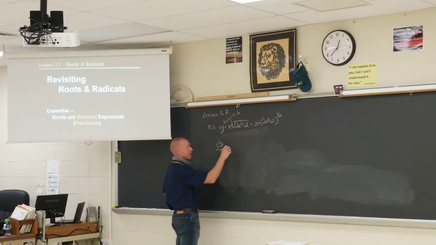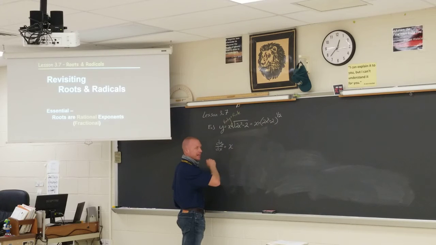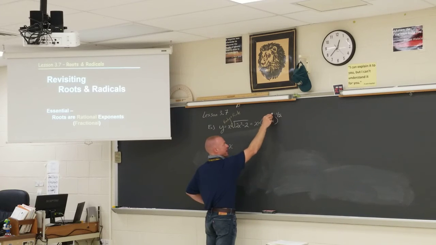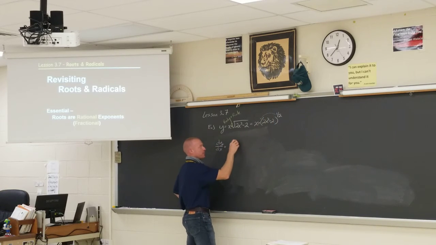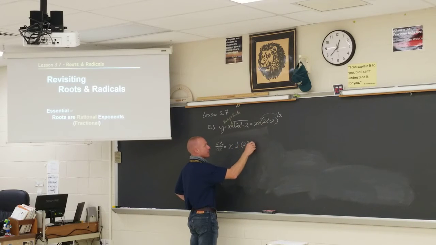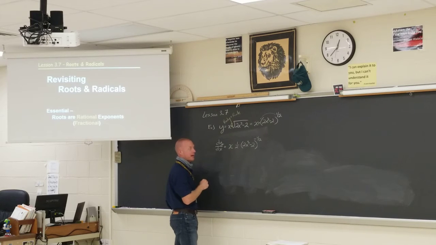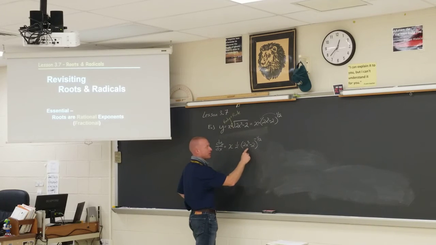And as you start doing the product rule, you very quickly encounter the first and then the derivative of the second. Now, the derivative of the second is a chain rule. And so when we do the chain rule, we're going to end up bringing down that exponent, subtracting from the exponent, which comes out as negative 1/2, and then leave that inside alone.